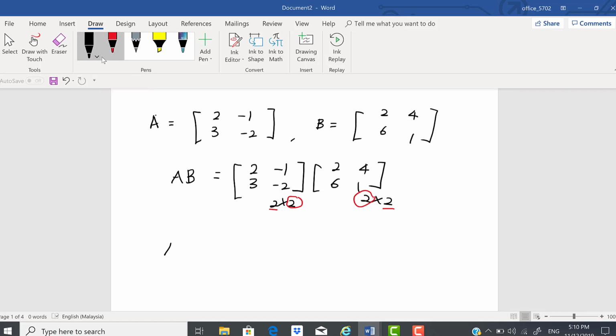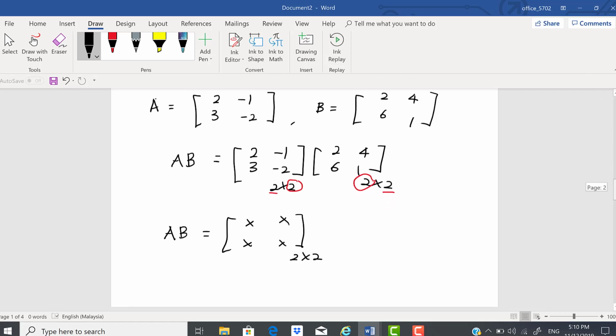So your A times B must have 2 rows and 2 columns. That means you must have 4 values. Okay, now, so how to get the answer?